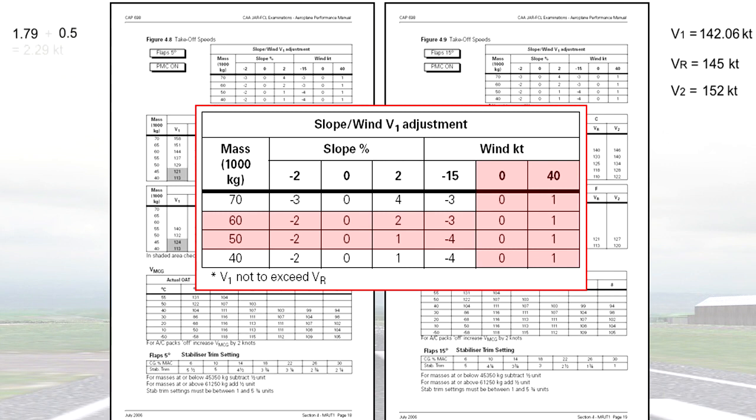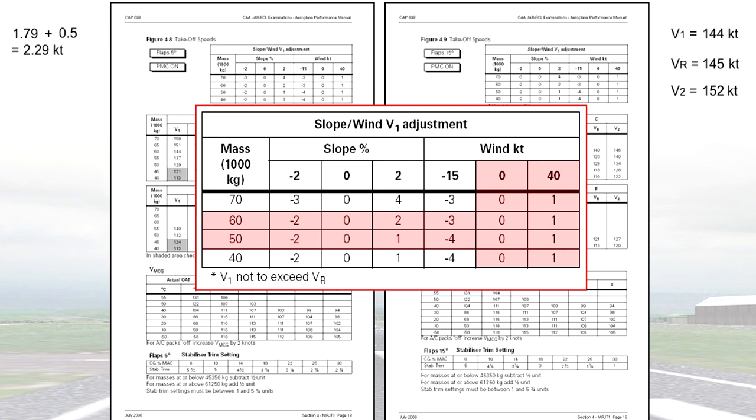Therefore, the total correction to V1 is to increase it by 2.29 knots. Adding 2.29 knots to the original V1 of 142.06 knots makes V1 144.35 knots, which is rounded to 144 knots.